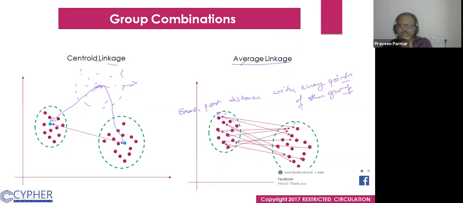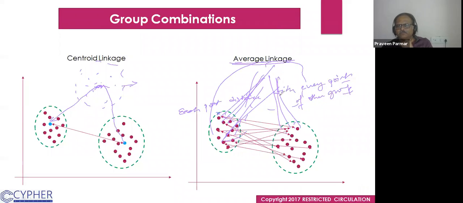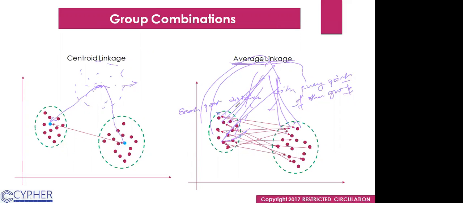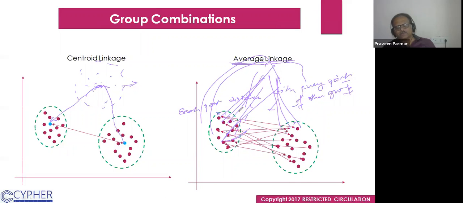That is the average linkage. And we have some other group also, and there also we measure it this way. Wherever we get the lowest average linkage, we merge them. Any doubt now? No, sir. So these are the techniques for hierarchical clustering.